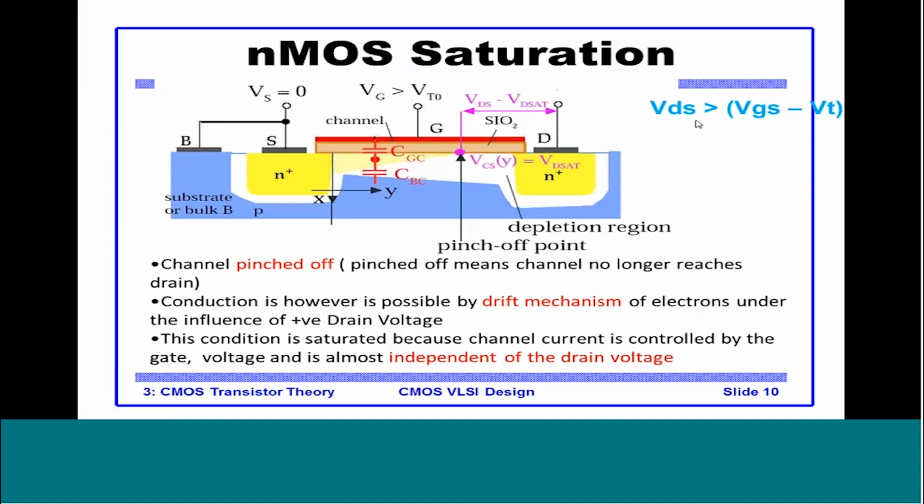So we say that in the ideal case the drain current is linearly dependent on the drain voltage whenever the NMOS is in the linear region, and it saturates when VDS approaches VD sat. If VDS is increased beyond VD sat, the drain current remains constant.